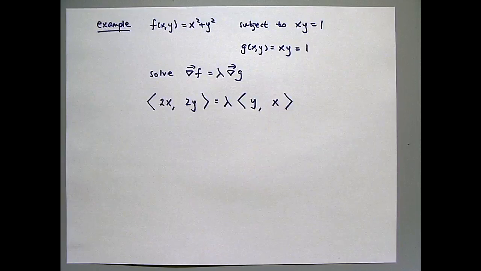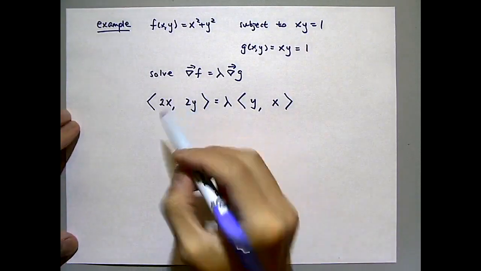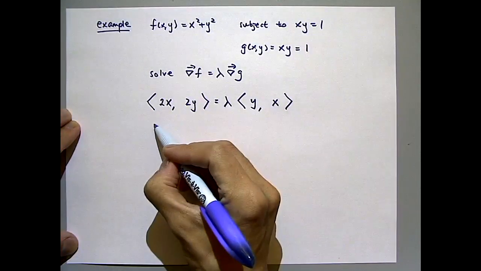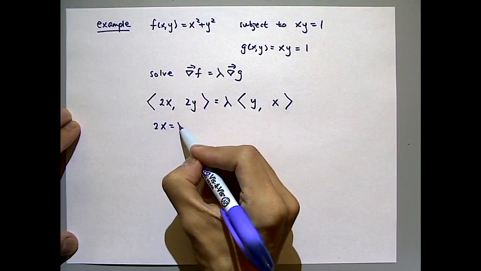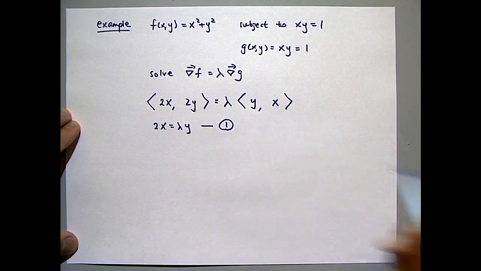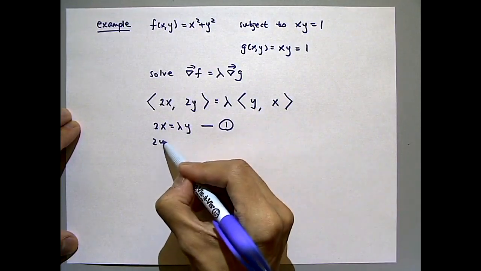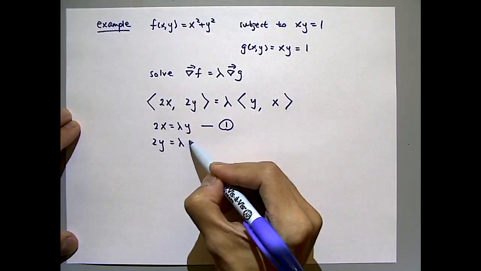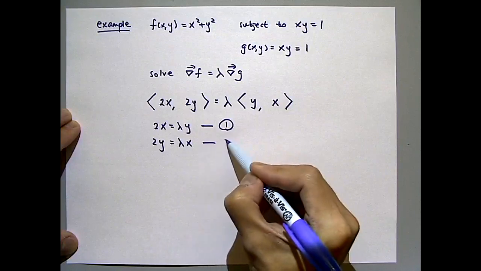Okay? Now this will give us two equations. First equation says that 2x is equal to lambda times y. We'll call that equation 1. Second equation is 2y is equal to lambda times x. Call that equation 2.